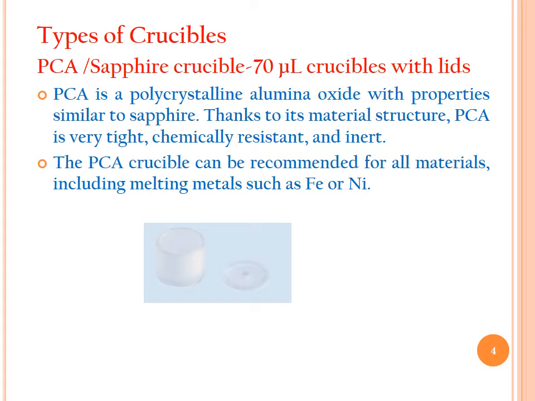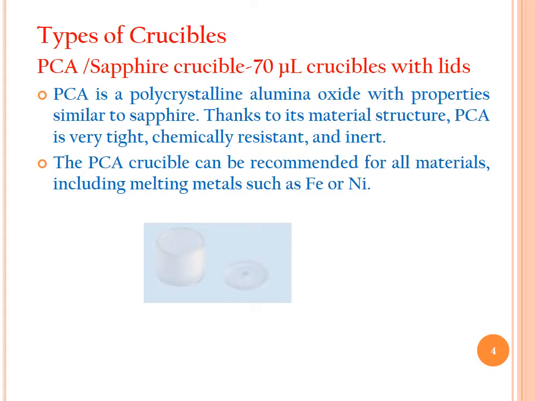Continue with the type of crucible, PCA or sapphire crucible, which has a capacity to hold a sample of 70 microliter. These crucibles are also used with lids. PCA is a polycrystalline alumina oxide with properties similar to sapphire.